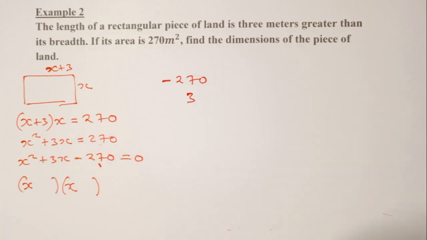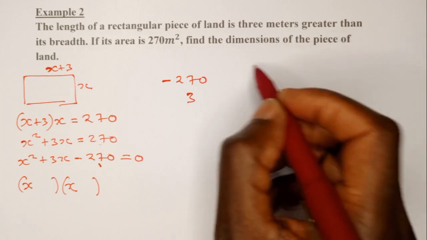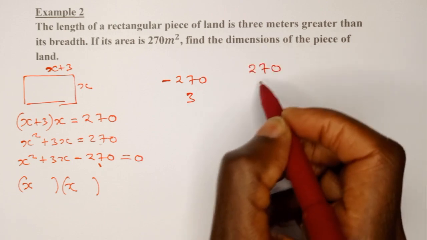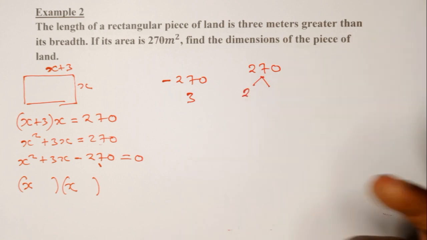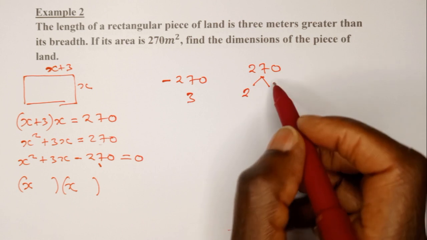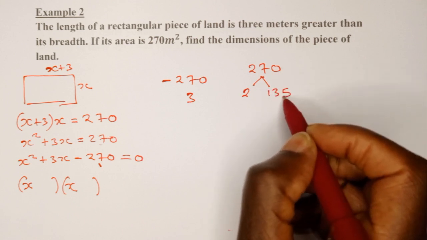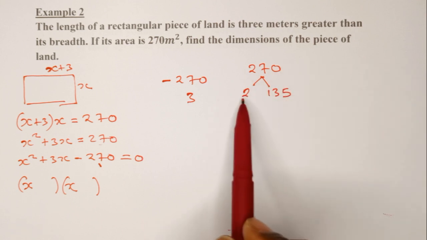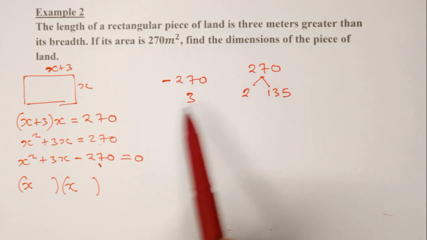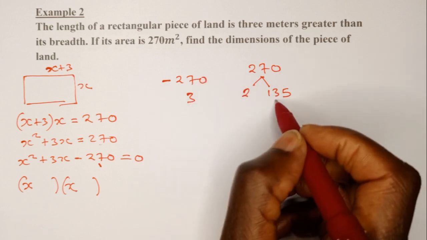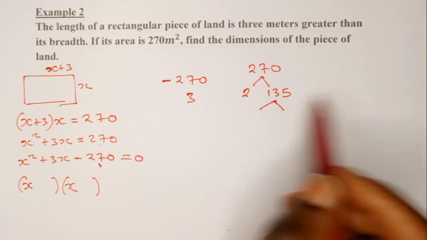So if you're having difficulty in getting those two numbers, just come up with this diagram, 270, and do a checkup. Start with the 2, then you check 2. 2 goes to 270 how many times? Goes there 135. Then check these two numbers. If you multiply you get 270, but can you add to get 3? Even if you try to minus you can't. Go to the next one. 2 cannot go to 135.